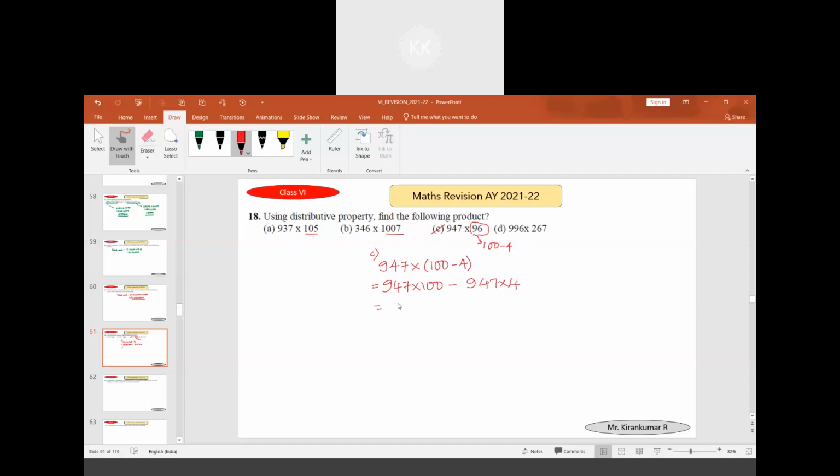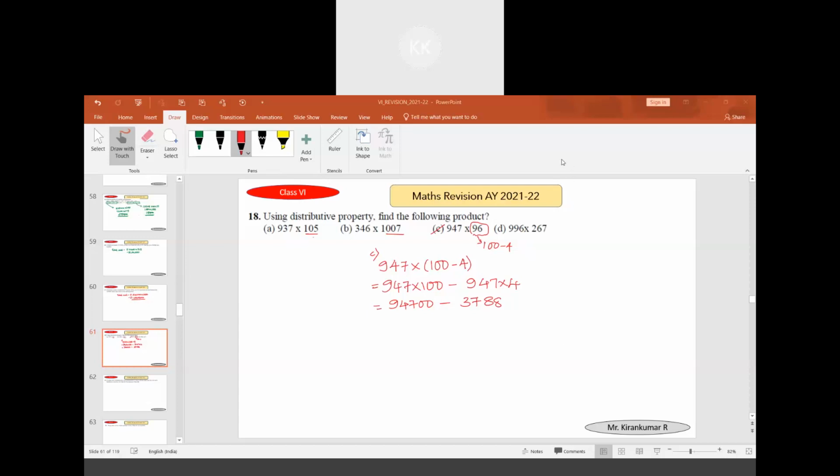When 947 is multiplied by 100, we get 94700. When we multiply 947 with 4, we get 3,788.